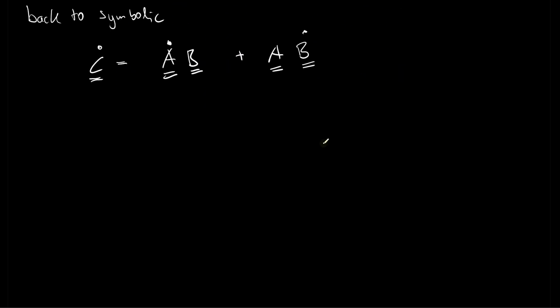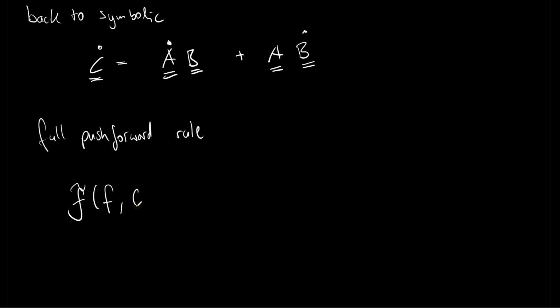Okay, in total, we can then write the full push-forward rule, and that one is the forward rule on the function f, and we defined f to be a matrix multiplication, which had the primal inputs A and B, as well as the tangent inputs A dot and B dot.